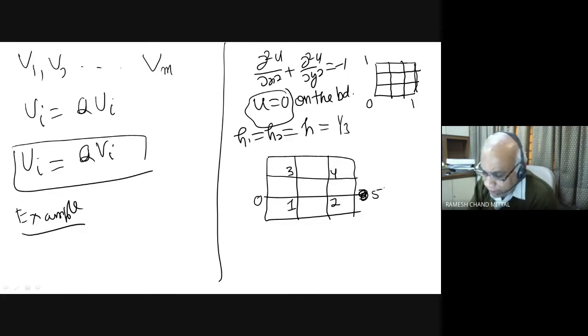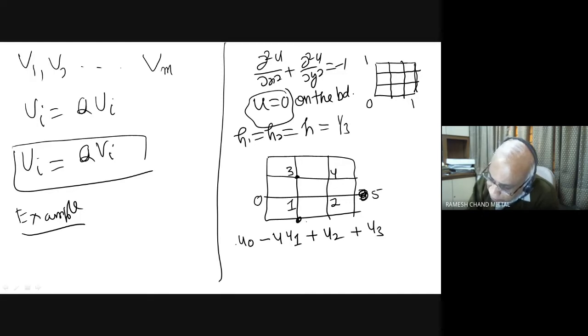So my first equation will be: u0 minus 4 u1 plus u2, because alpha is 1, plus u3, and this point which I call point 6, plus u6, is equal to h square, which is 1 by 9, minus 1, so minus 1 by 9. Anybody any issue?